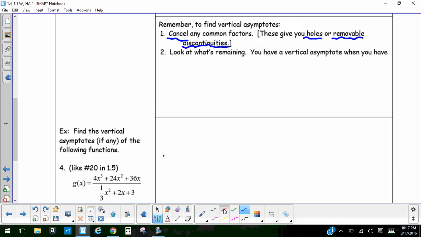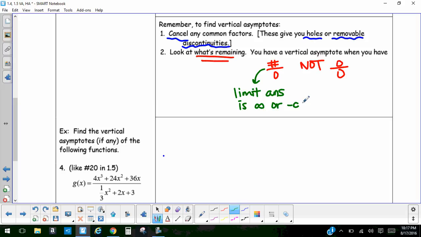Then you look at what's remaining, and you have a vertical asymptote when you have a number over 0, not when you have 0 over 0. If you have a number over 0, that means that your limit answer is infinity or negative infinity.